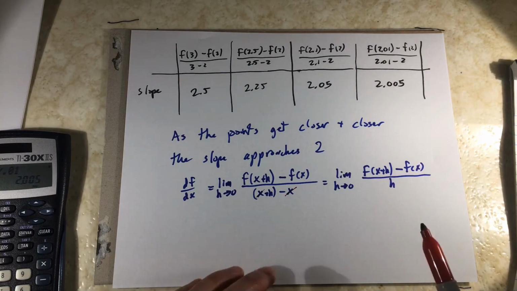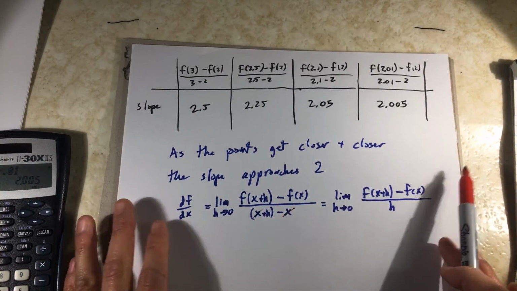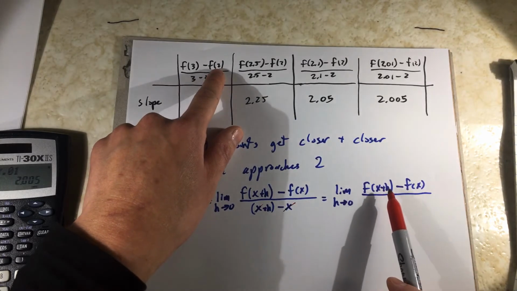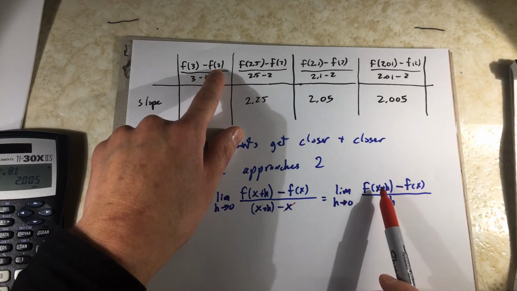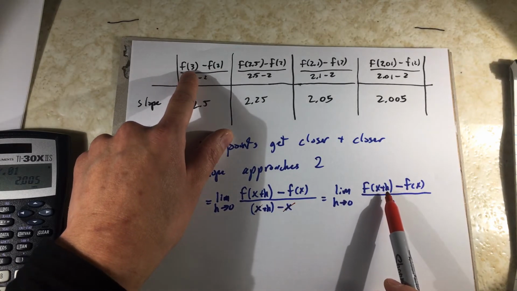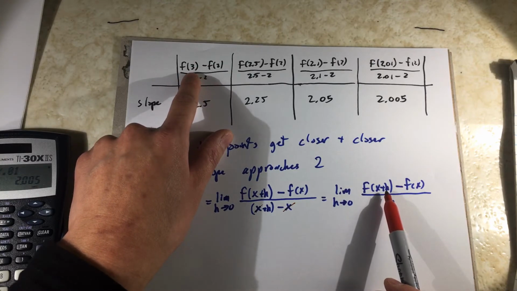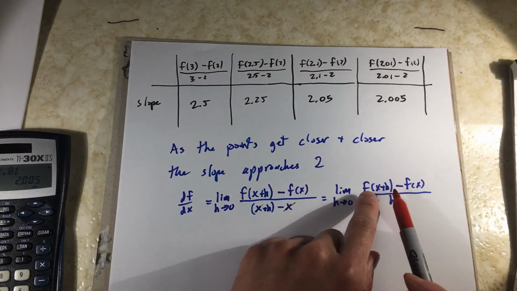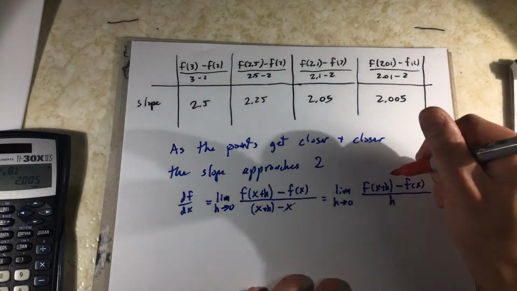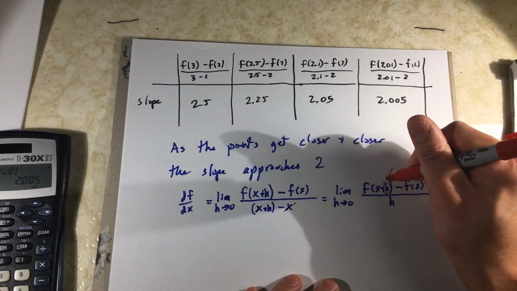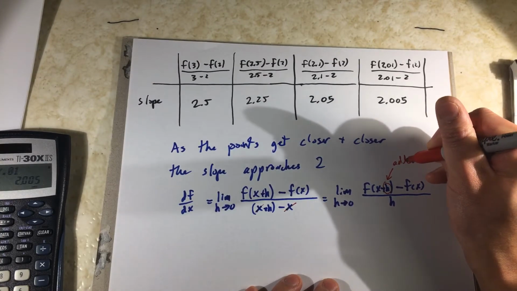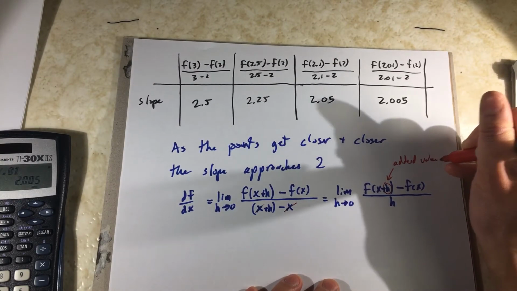All right? So this is just a general way of doing what we just did, which is that we have some value, let's say x equals 2, and then we're adding a little bit to it. In this case, we added 1, 0.5, 0.1, 0.01. So this h is like the added value.